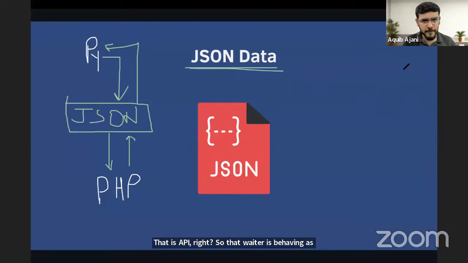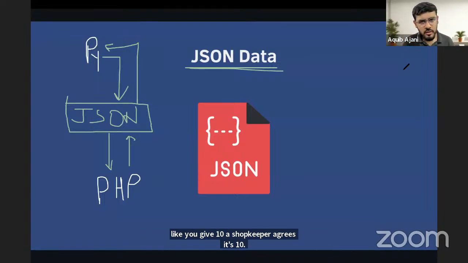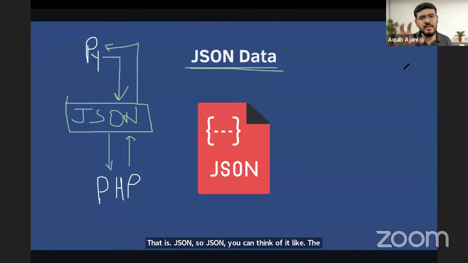That is the API. The order or the common understanding where you say that I want pasta and they cook pasta, or you have currency like you give 10 rupees, the shopkeeper agrees it's 10 rupees. That is JSON. So JSON, you can think of it like the data that is being sent is JSON data. Right? So whenever you want to talk to each other or communicate, obviously there is some data which needs to be sent.